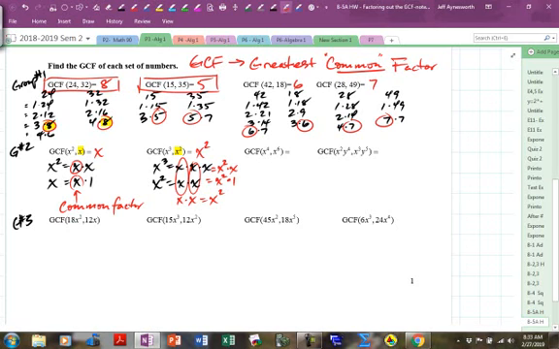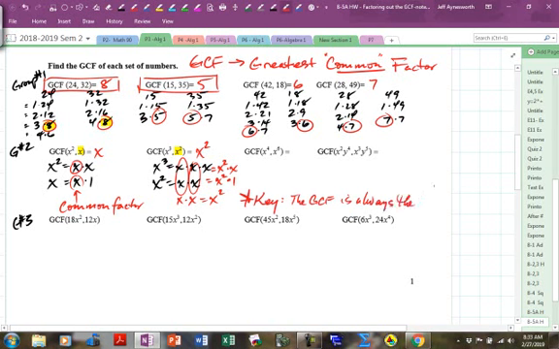Let's write that down, the key concept here. The GCF is always the one with the smallest exponent.